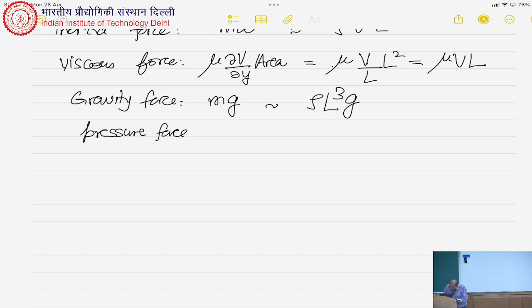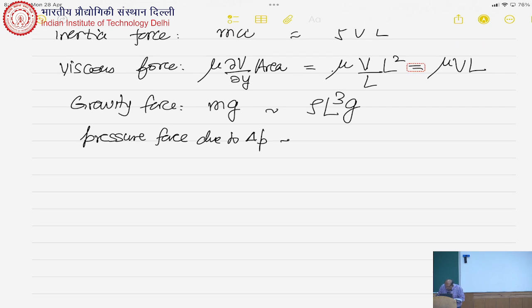A pressure force due to pressure difference delta P, this will be equal to delta P times A. So I will write it as delta P times L square.